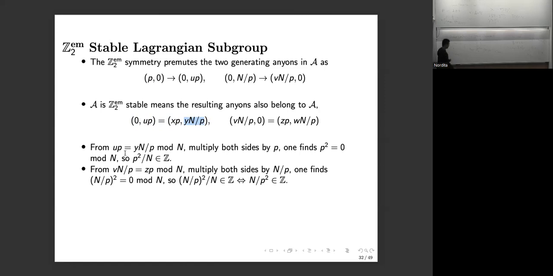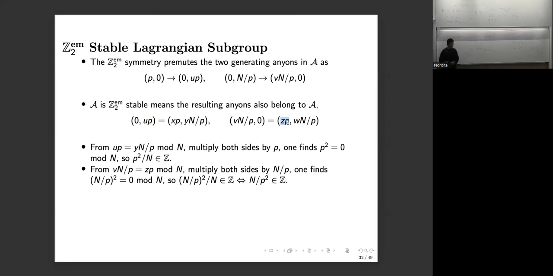So it means that p squared divided by n must be an integer. And similarly, for the other equation, v times n over p equals z times p mod n, you can similarly derive that n over p squared must also be an integer.